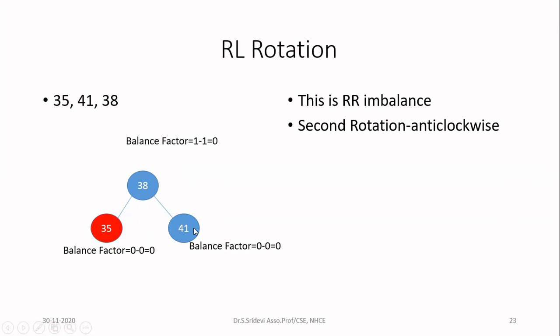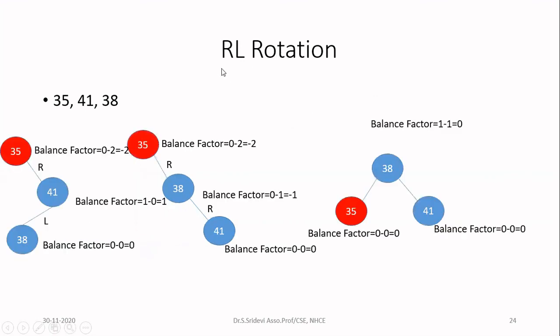So let me summarize RL rotation. In case of RL rotation, you have to perform two rotations. The first rotation: see the first letter, it is R, so you perform the rotation in the same direction. Assume that R is your clockwise direction and L is anti-clockwise. So I rotate in the clockwise direction about the middle node first.